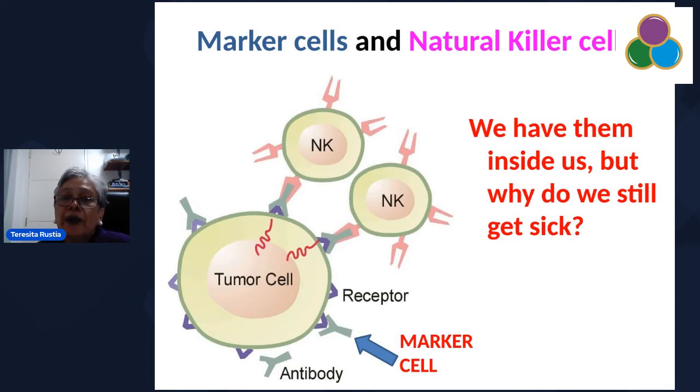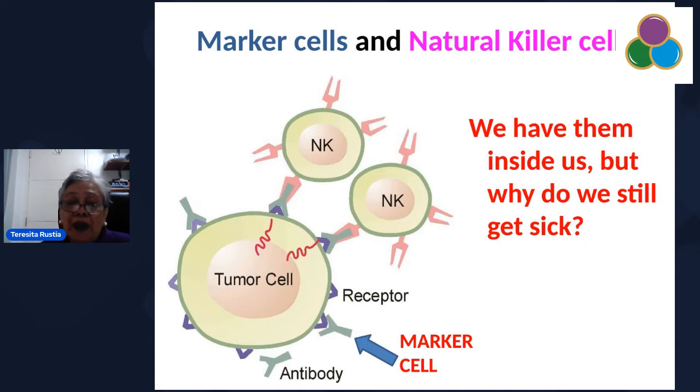All right. Now, marker cells and natural killer cells. There are different kinds of white blood cells. There are macrophages, which engulf infectious microorganisms, and there are natural killer cells. These natural killer cells kill bacteria, and they are also the ones that really destroy cancer cells.